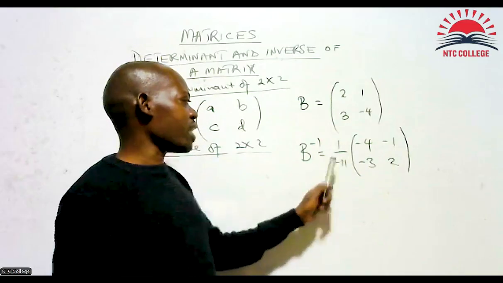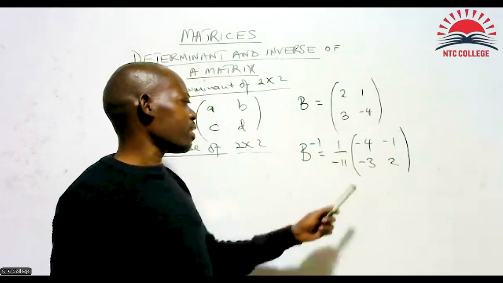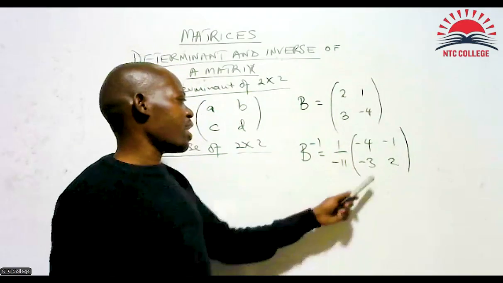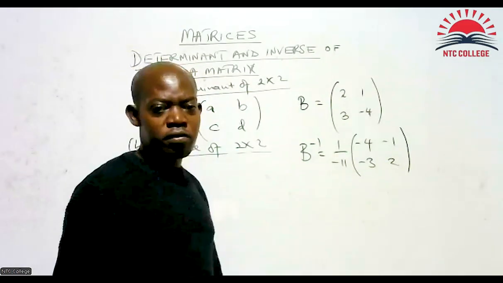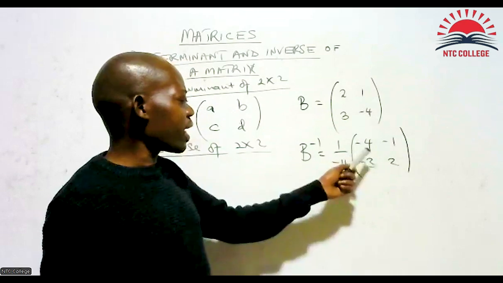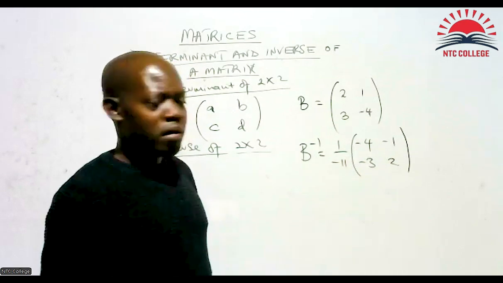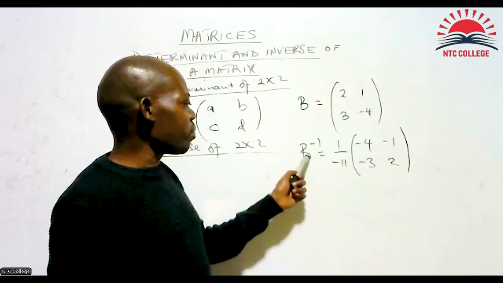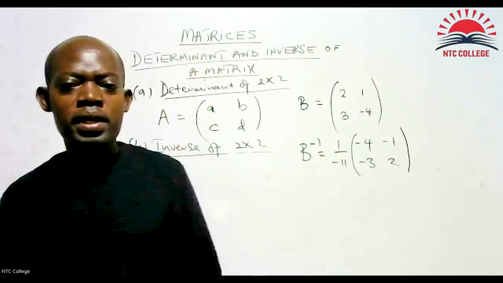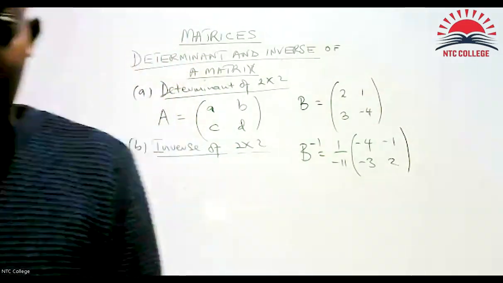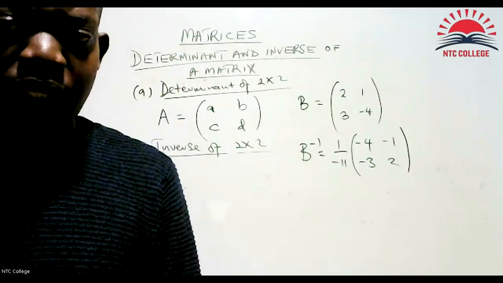The negatives will cancel out. So you will have 4 all over 11, 1 all over 11, 3 all over 11, and this would be -2 all over 11. But even by just indicating that B inverse is 1 all over -11 into that, it shows that you have obtained the correct inverse.